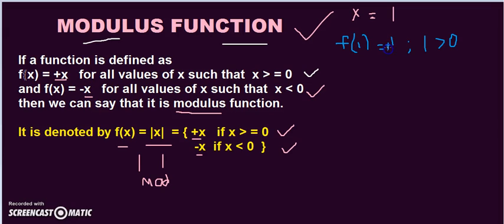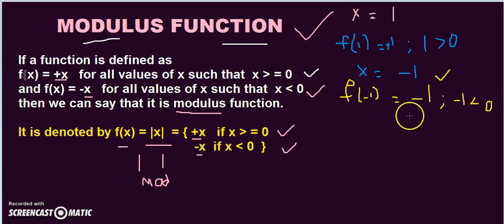If I take x is equal to minus 1, what value does it have to return? f of minus 1 is equal to minus 1. Why? Because minus 1 is less than 0. So for x is equal to minus 1, f of minus 1 will be minus 1, and for x is equal to 1, f of 1 will be plus 1.